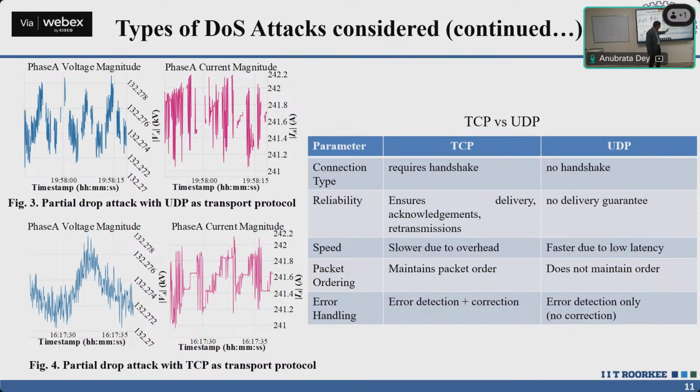For speed and latency, UDP is less compared to that. Packet ordering is maintained in TCP, while nothing is mentioned for UDP. And error detection and correction is there in TCP, while UDP can do only detection.